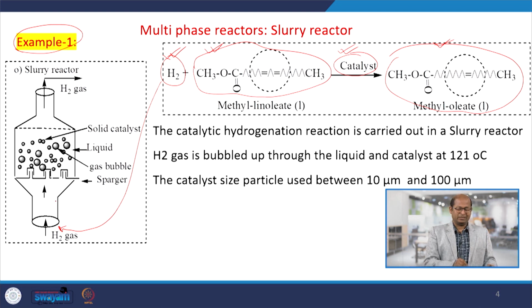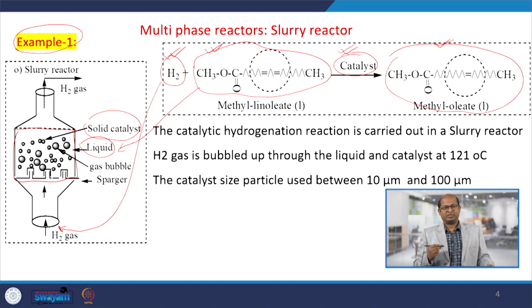We pass that reactant A, or hydrogen, from the bottom, and inside the reactor solid catalyst is there and the liquid, the second reactant, is present. When gas enters from the bottom, bubble formation occurs, and then the three components are there and the reaction proceeds at the required temperature. Let us say for this reaction 121 degrees centigrade is required if we conduct it in a slurry reactor.